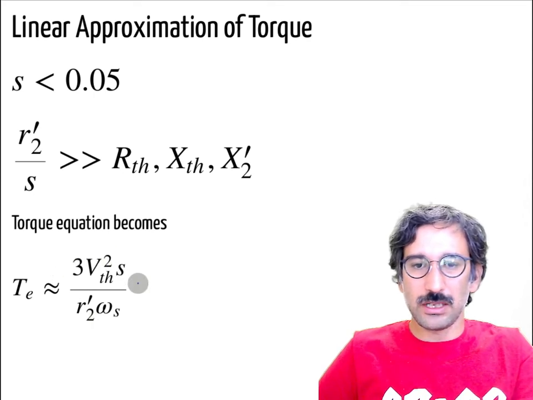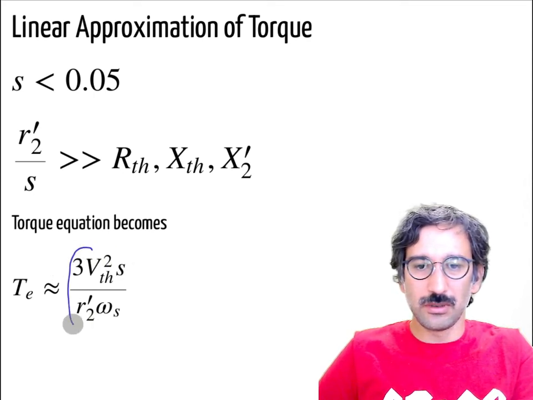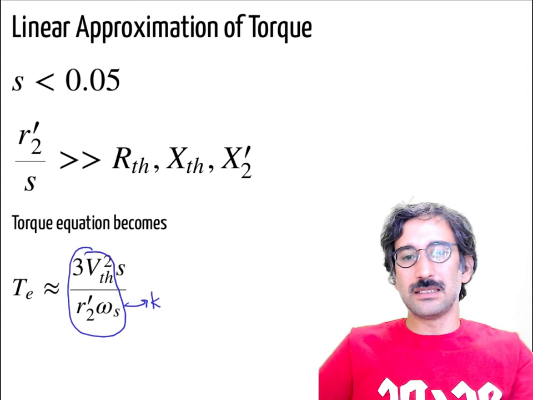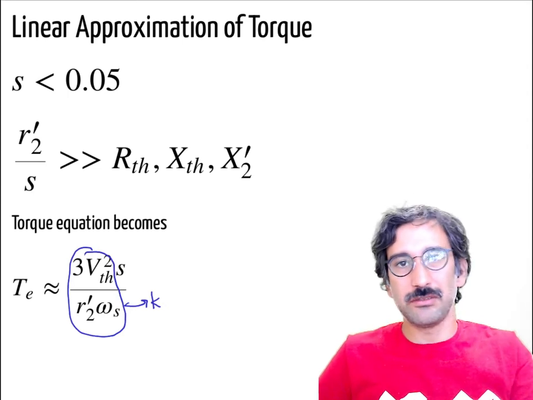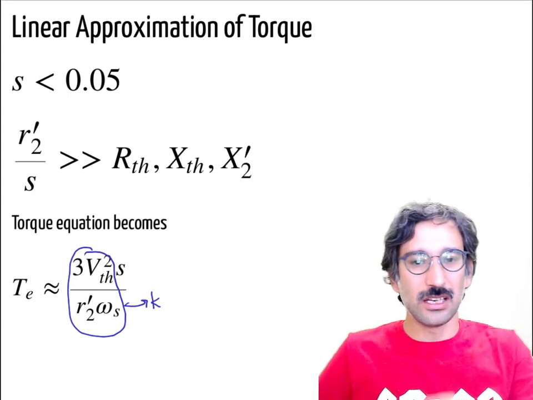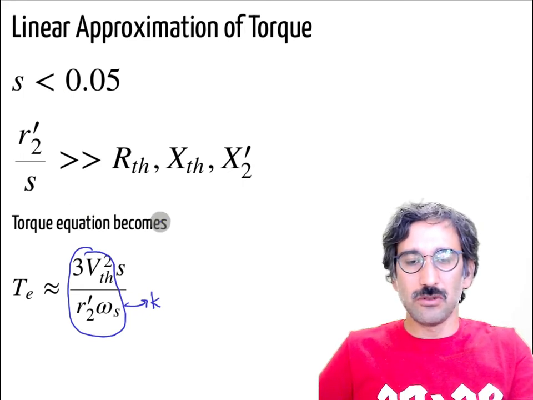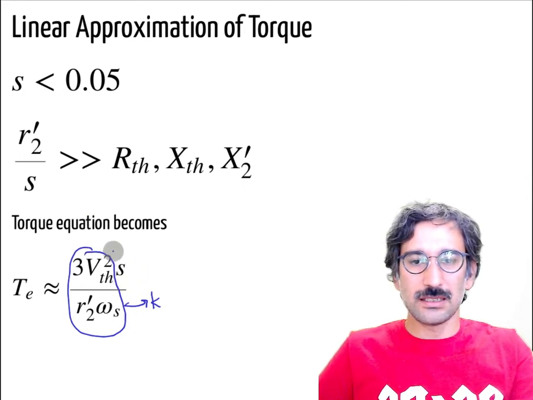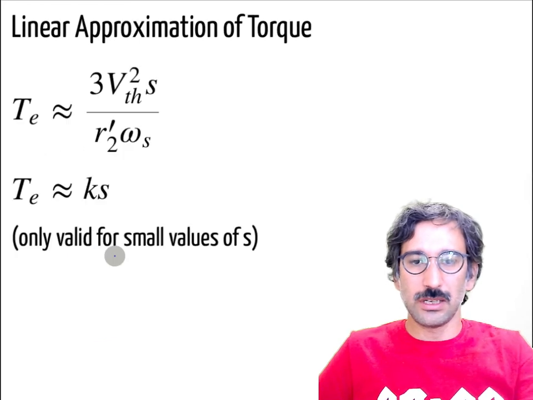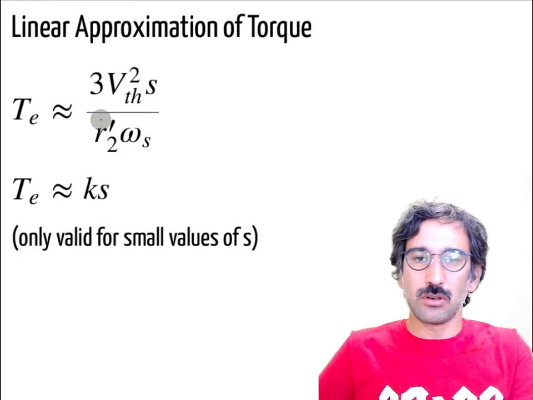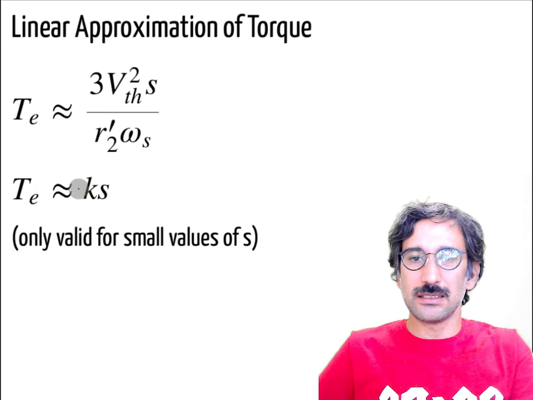So that equation is nice. If you think of that one as constant, again be aware if the voltage and the frequency are changing, that constant K will be different. But if you are working at small values, that equation tells the torque can be approximated as linear with slip.